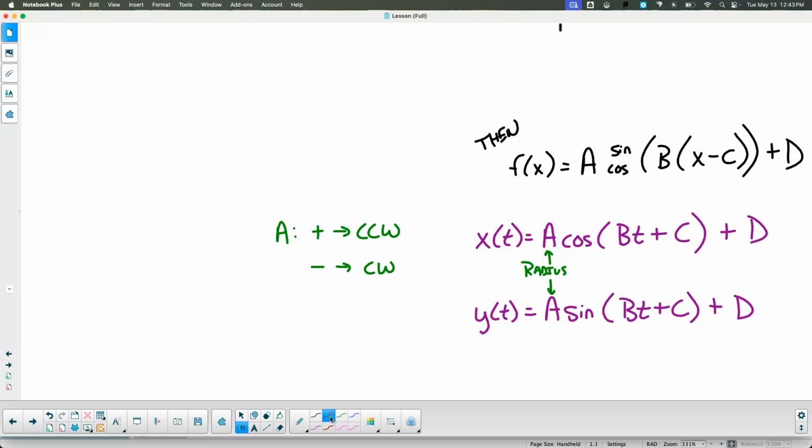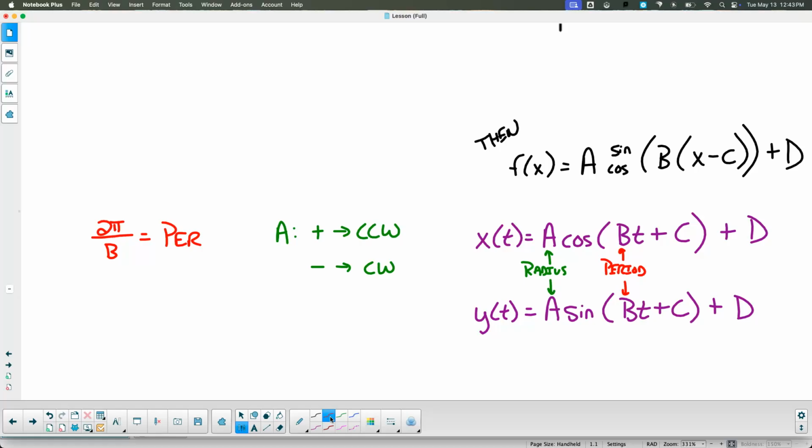B is going to be the period. Now we've got to remember from first semester that 2 pi divided by b was my period.